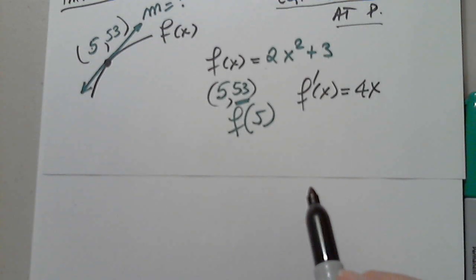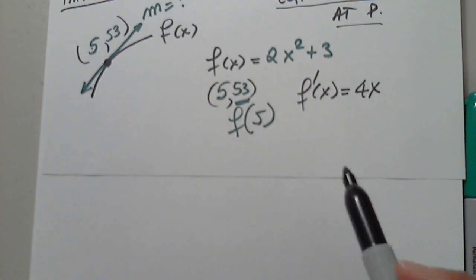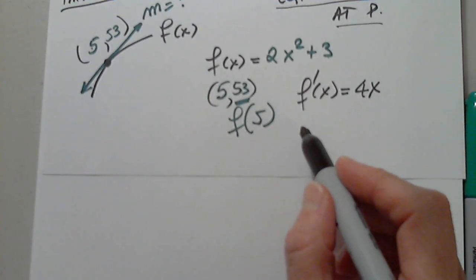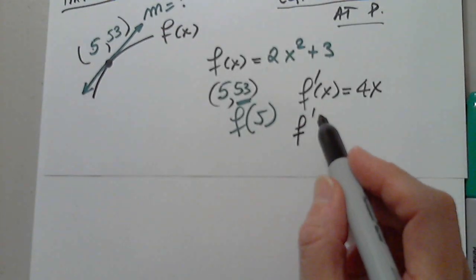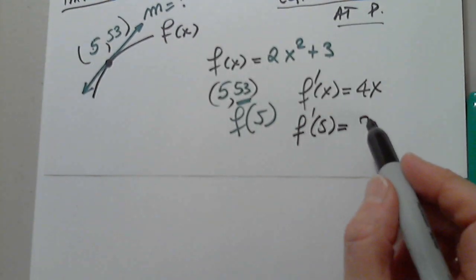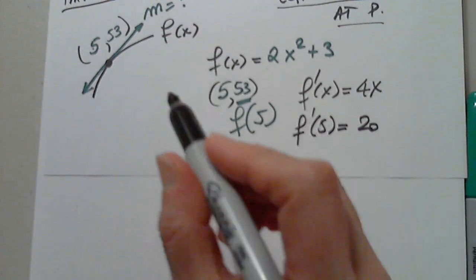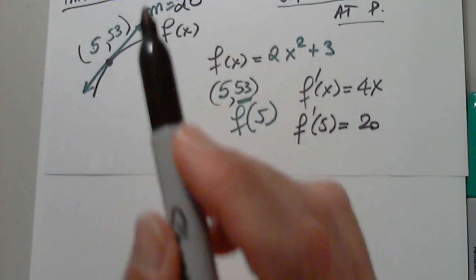Then what do I do to find the slope? Four times 5. Yes, f prime of 5, very good, which is 20. Excellent. So the slope is 20.